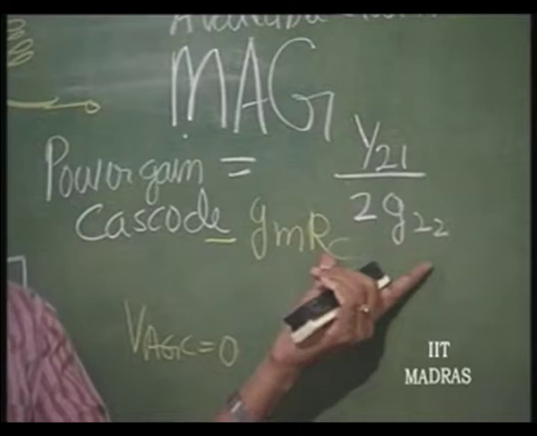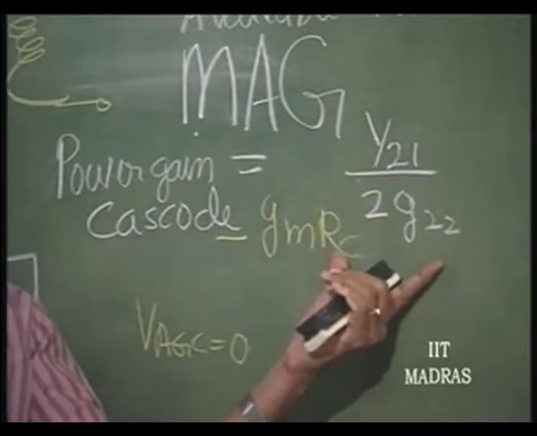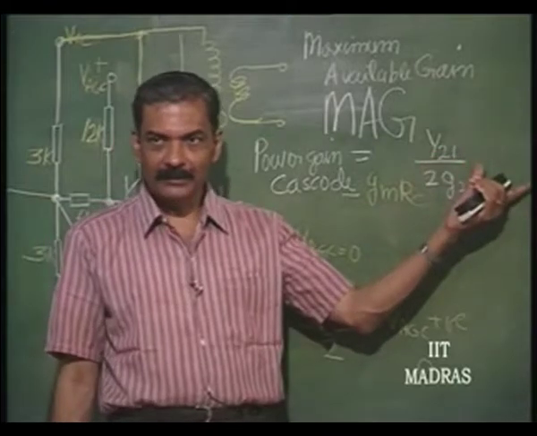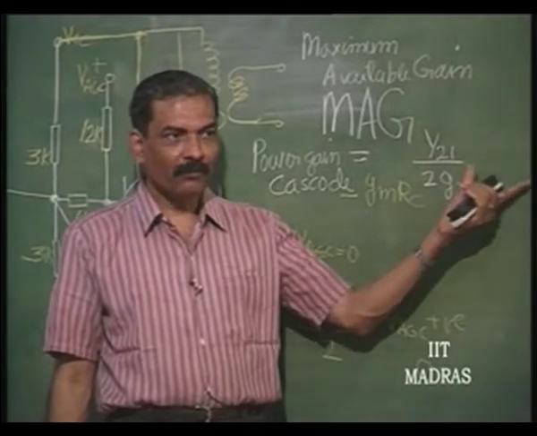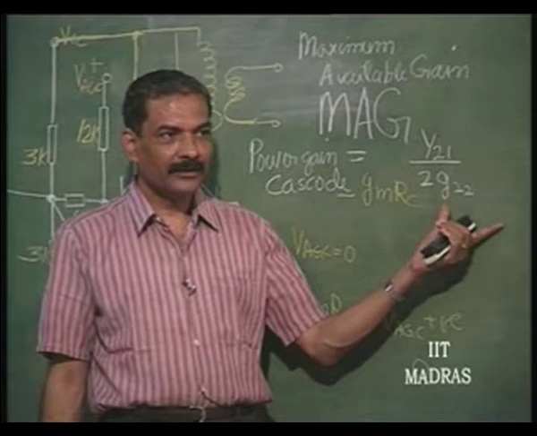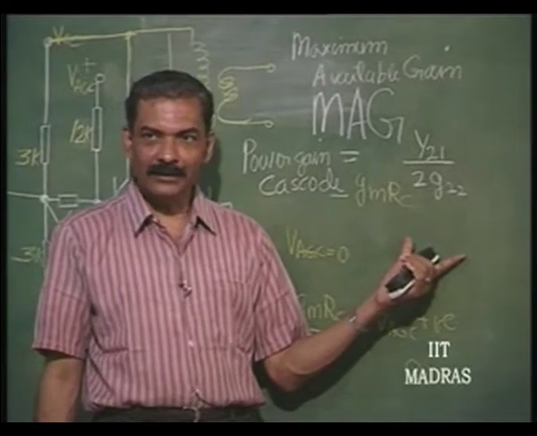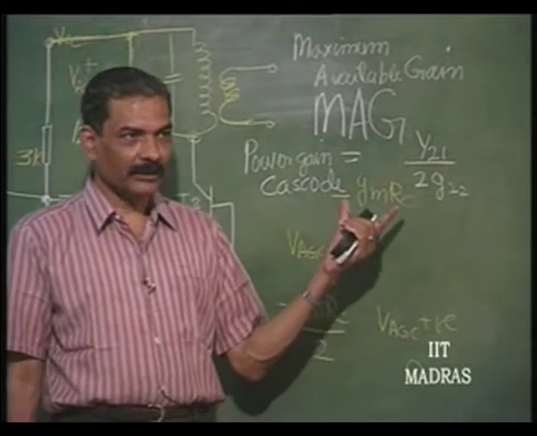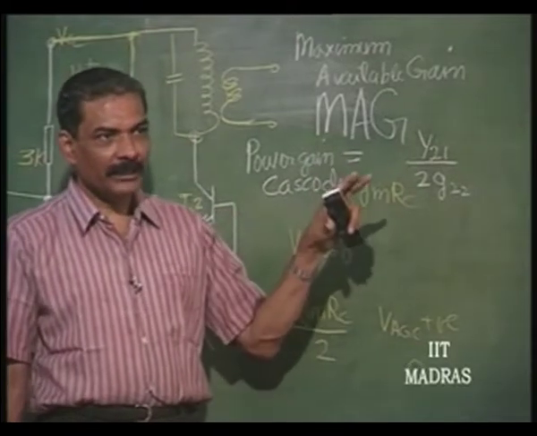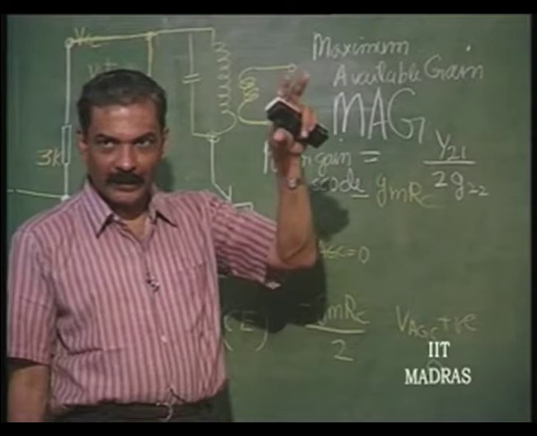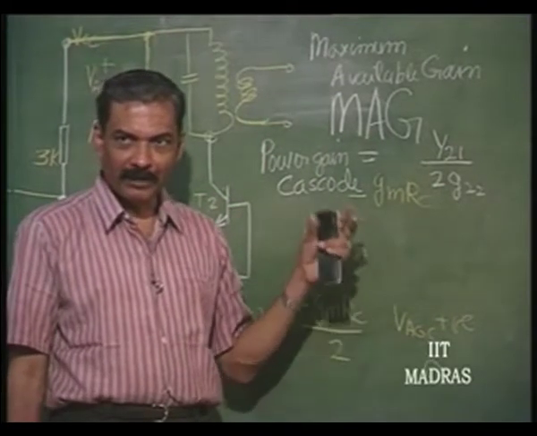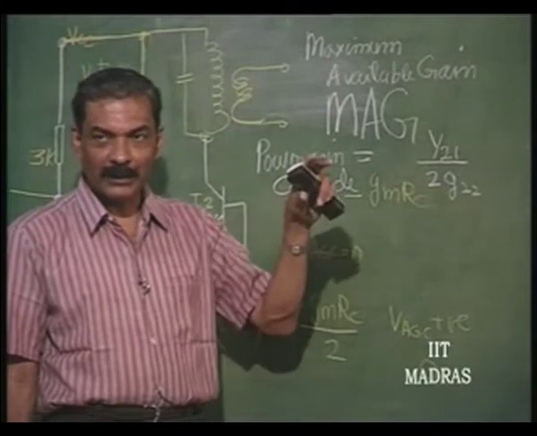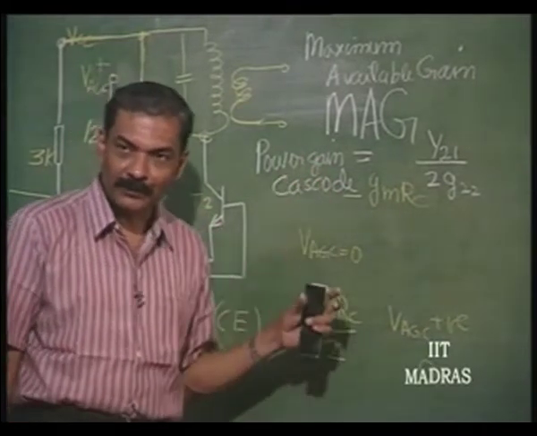This is the voltage gain, and current gain is nothing but y21 again divided by y11 plus ys. Y21 is nothing but transconductance, which is output current divided by input voltage, and y11 plus ys is nothing but input current divided by input voltage.